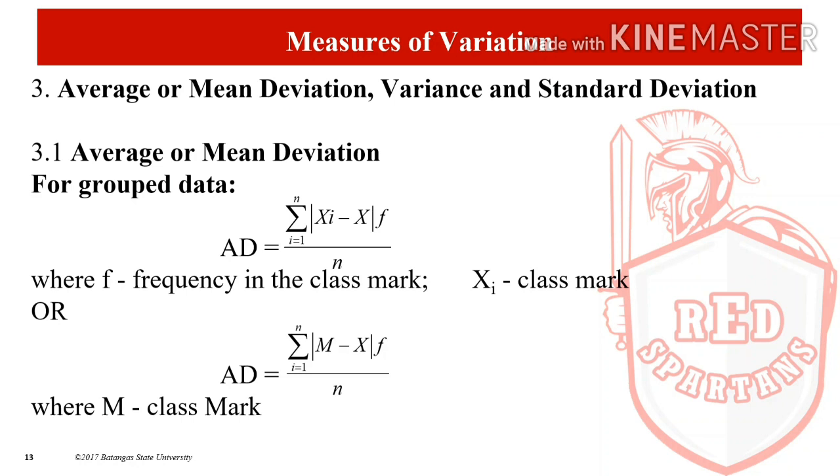Then, kukunin lang natin yung summation. Then, same lang din naman yung another formula kasi si x sub i is class mark and m is midpoint. So, same lang naman sila. Nabago lang is yung paggamit ng variable x sub i and m. Pero parehas lang, either or both pwede siyang i-apply or gamitin.